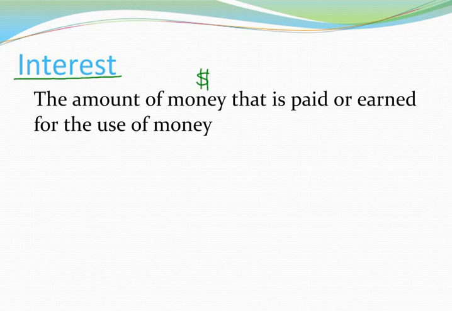If you take out a loan, it has interest, and it means that you have to pay the bank back a little bit more for you using their money. So interest is the amount of money that is paid or earned for the use of money. You earn interest on your bank account. You pay interest on a loan. That's kind of how that works.